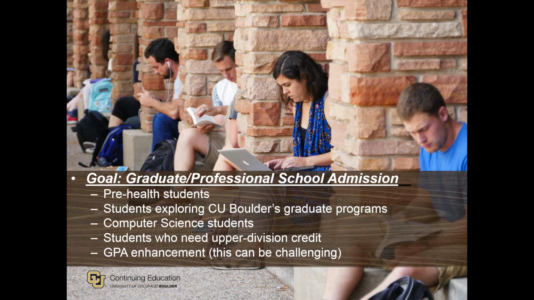Because if you're looking at a graduate degree in computer science, there's quite a bit of prerequisite coursework that you'd want to complete before being a competitive applicant for those programs, and we can help you navigate what that looks like. Some students may be applying to graduate programs, and in order to be a competitive applicant, they may need some upper division credit at the undergraduate level, and we can certainly help you identify some of those courses in conjunction with your graduate program of interest.